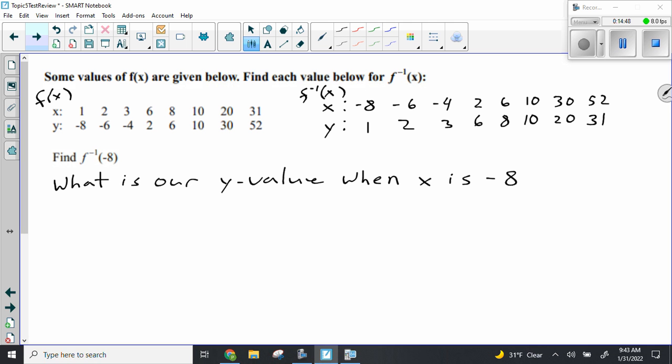And the answer is right there, right? Y equals 1. Which means that f inverse of negative 8 is equal to 1.